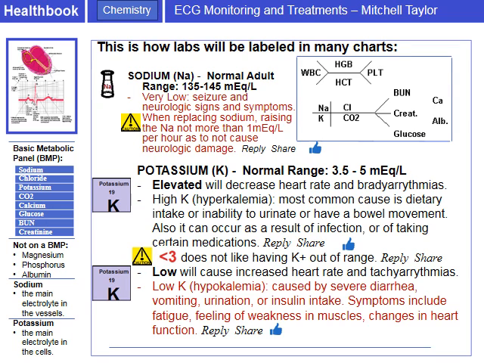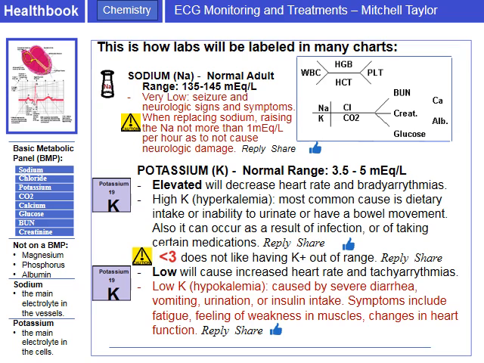Now on the left side, we talk about what's in a basic metabolic panel. This is commonly ordered when a patient comes into the hospital, just to get some baseline information, usually along with a CBC. The two common things: CBC is looking at bleeding and clotting and infection, and the basic metabolic panel is looking at electrolytes. What's not on a BMP is magnesium, phosphorus, albumin.